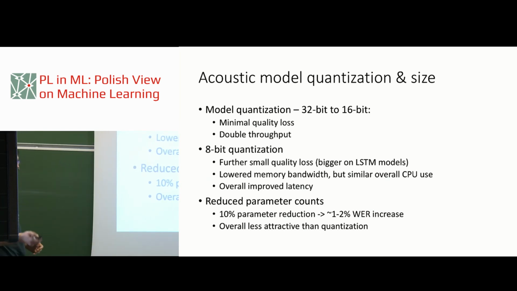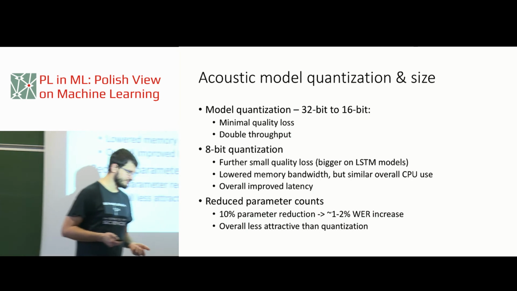Now, doing quantization, we were seeing error rate increases below 1%, sometimes, and 16-bit didn't have any kind of increase. Similarly, frame stacking in LSTMs was actually bringing better results.